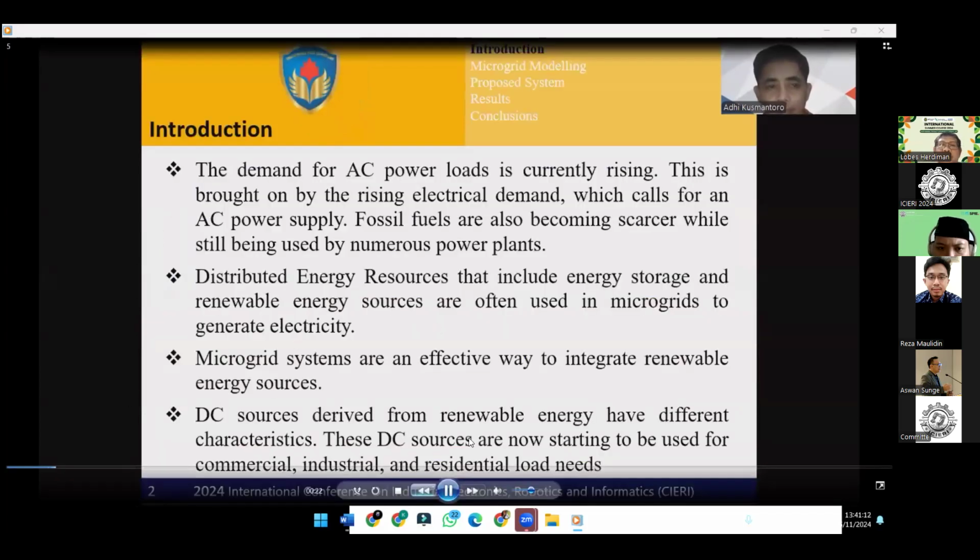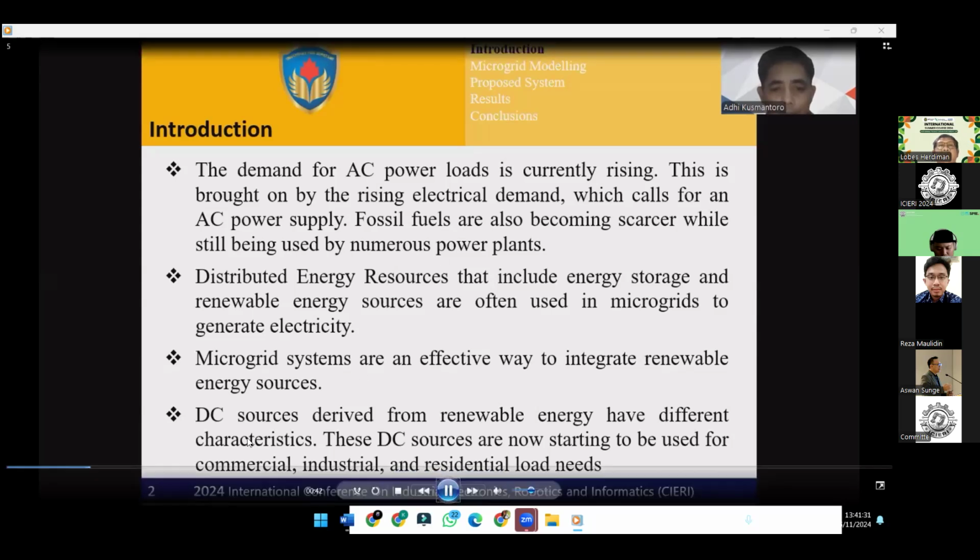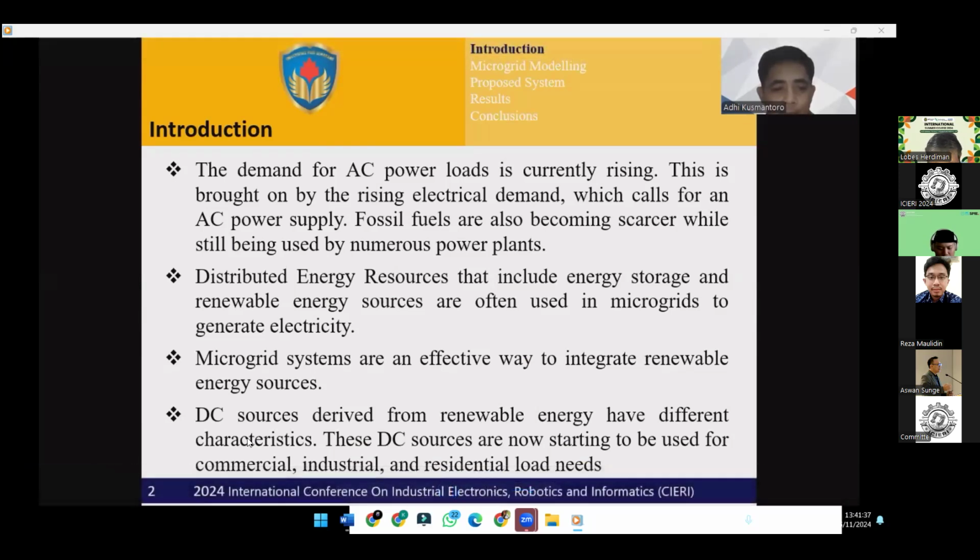And then introduction. Electricity costs increase every year along with the increase in population. However, utility networks that use fossil sources have not been able to serve the increasing electricity load. This is brought on by the rising electrical demand, which calls for an easy power supply.